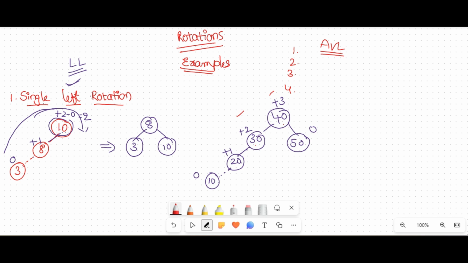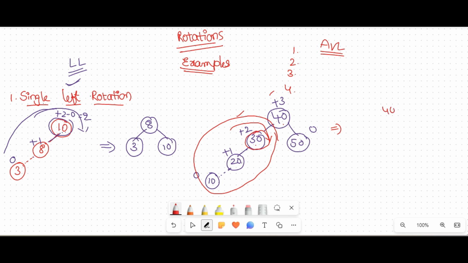At which node do we have to apply the rotation first? At the bottom level first. That means this subtree you have to consider first. So only at node 30 do you apply the rotation. As usual, the tree is growing towards the left side, so single left rotation.